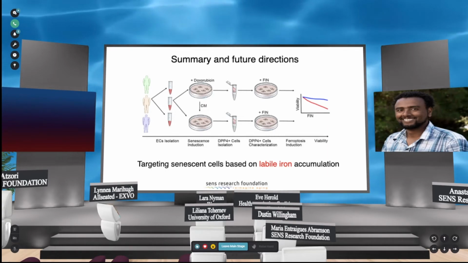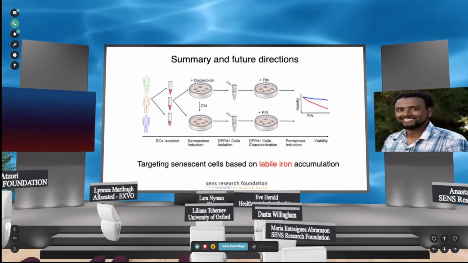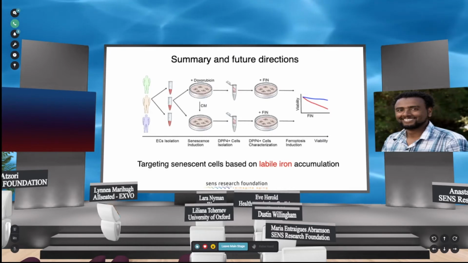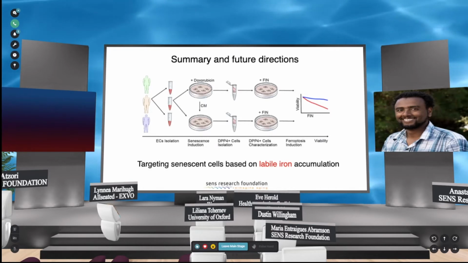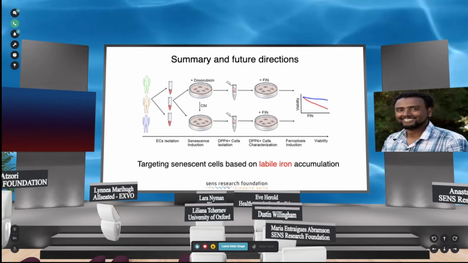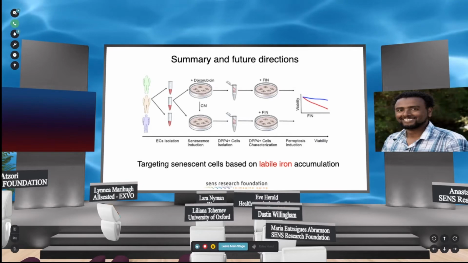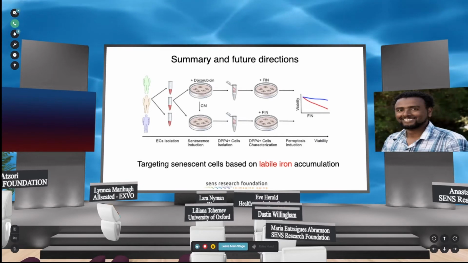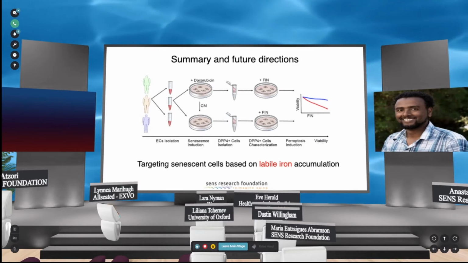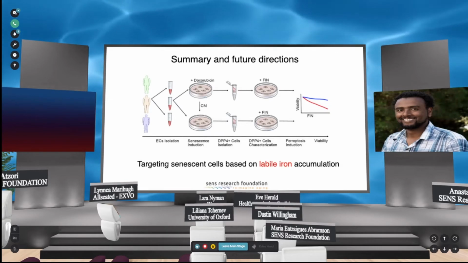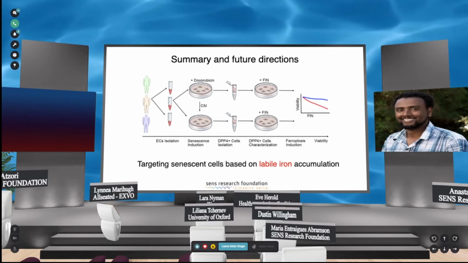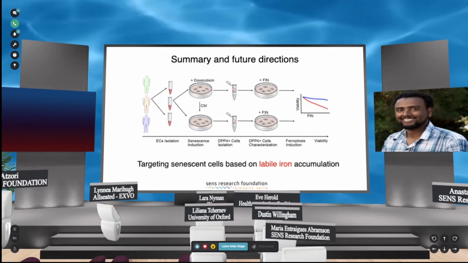It is a really promising strategy where we collaborate with Adam Renslo at UCSF, and they enabled us to synthesize a drug that specifically targets cells with high labile iron. We found that this approach kills almost all the senescent cells with very minimal effect on non-senescent cells.